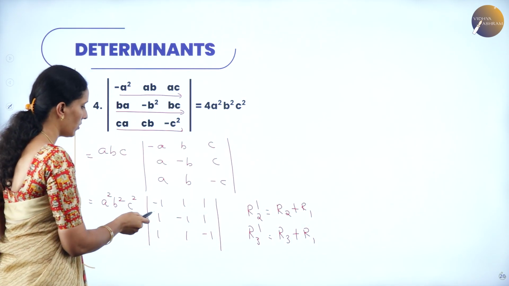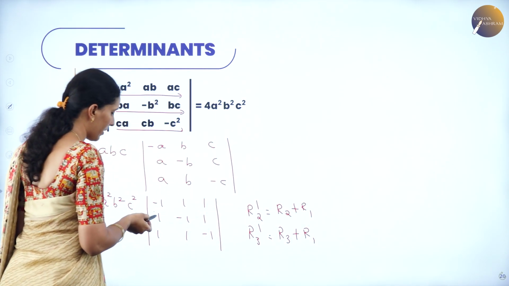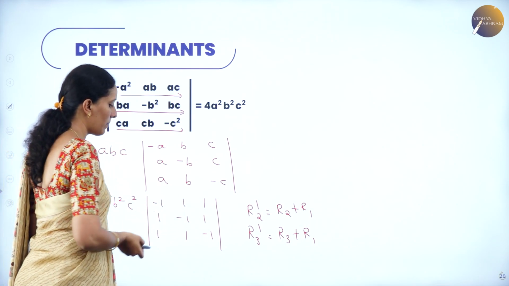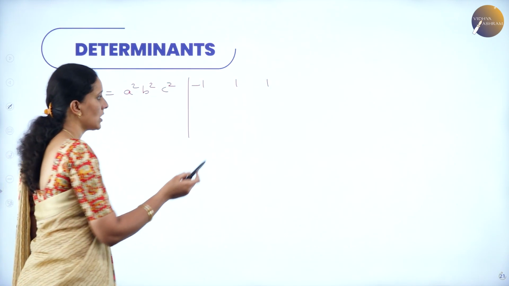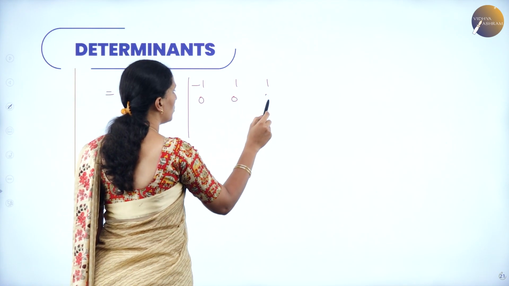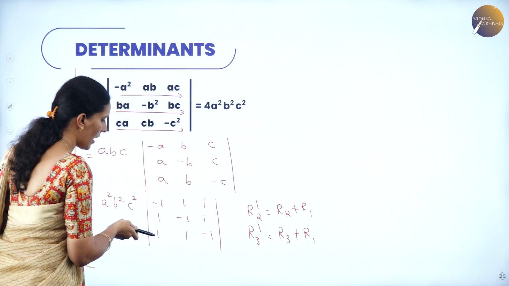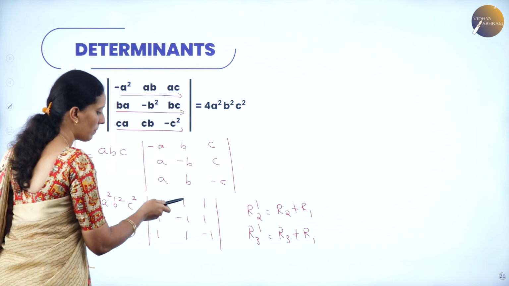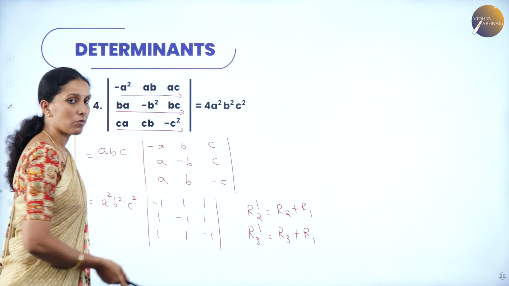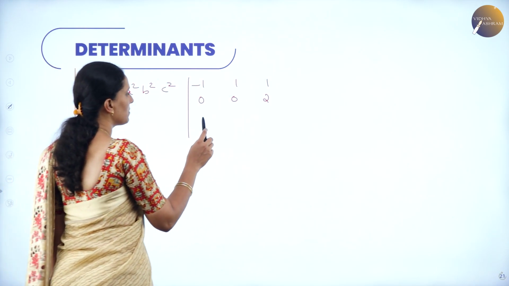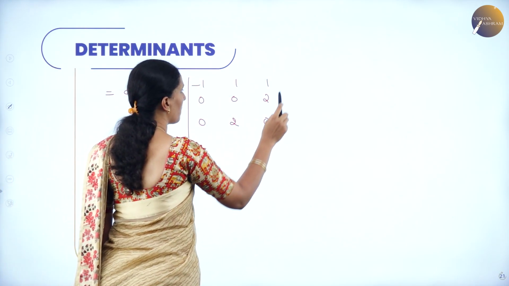Look at the second row. So we have to add R2 plus R1. 1 plus minus 1, minus 1 plus 1, 1 plus 1, which becomes 0, 0, 2. Next is R3 plus R1. 1 minus 1 becomes 0, 1 plus 1 becomes 2, minus 1 plus 1 becomes 0. So that becomes 0, 2, 0.